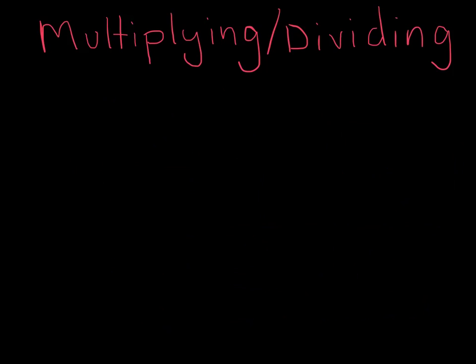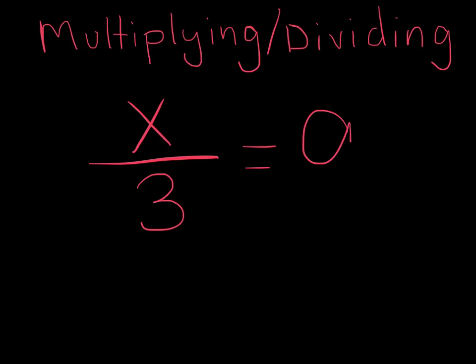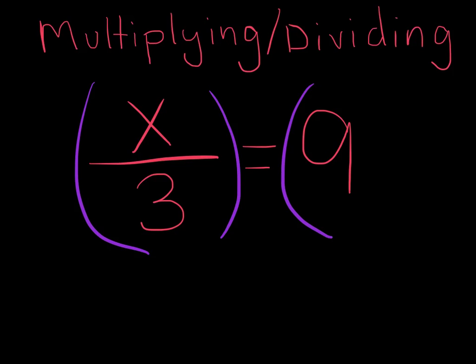I'll do one more example of division, and then I will leave you to complete your worksheet on your own. X divided by 3 equals 9. Once again, I have a division problem. In order to solve an equation that has division, we have to perform the inverse operation, which is multiplication. I will need to multiply both sides by 3.